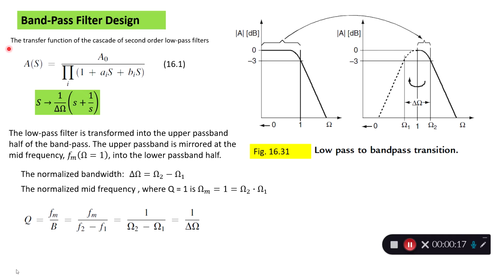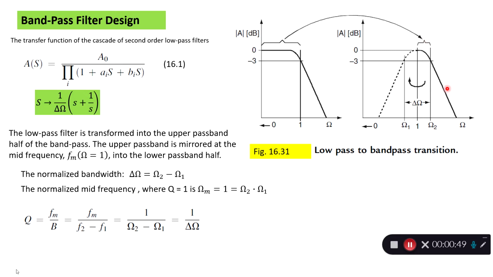So, normally we start out with the second order low pass filter transfer function. You can see it here. And in order to make a bandpass filter, we use the principle that we can first move the low pass filter up in frequency here, and then mirror this part over here.